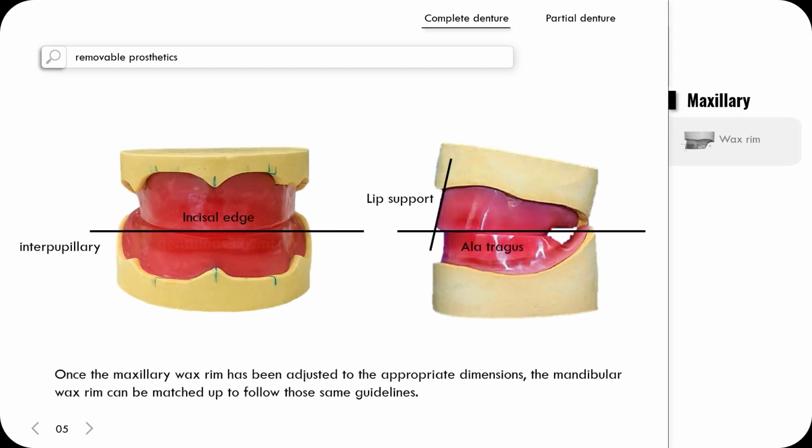So when we have the upper wax rim completed, this really serves as a template for where our teeth should go. So incisal edge, lip support, ala-tragus, interpupillary line, those things are all established and captured in this rim.